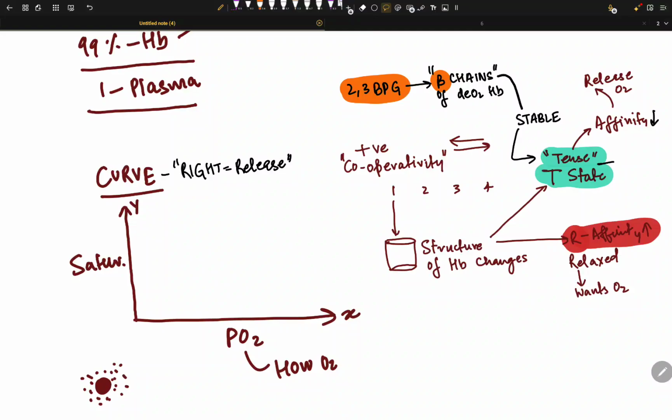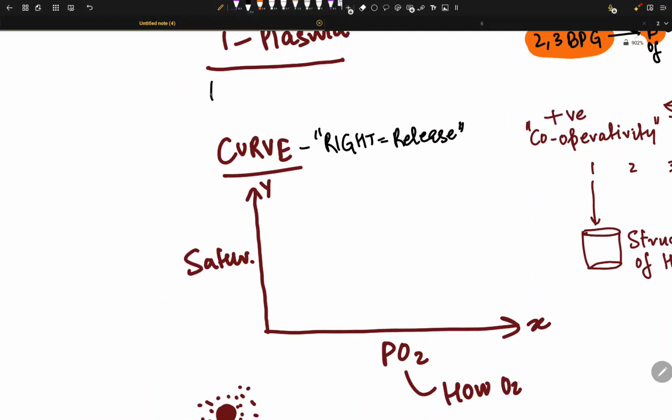So fetal hemoglobin is called HbF, by the way. And it will bind to 2,3-BPG very poorly. It doesn't have that structural compatibility.